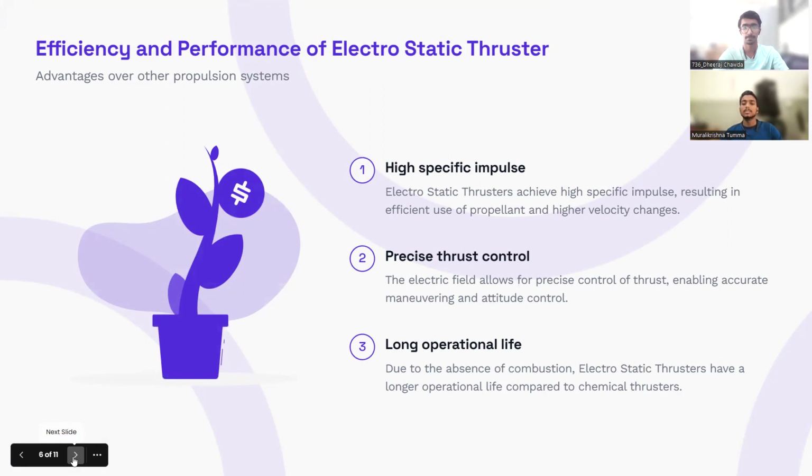Electrostatic thruster achieves high specific impulse, resulting in less use of propellant for high velocity changes, and it has very precise thrust control, enabling accurate maneuvering and attitude control, and it has a long operational life because of the absence of a combustion chamber. Electrostatic thrusters have a longer life compared to chemical thrusters.